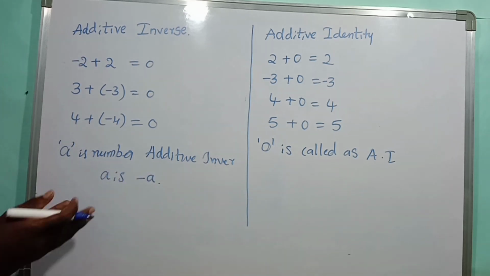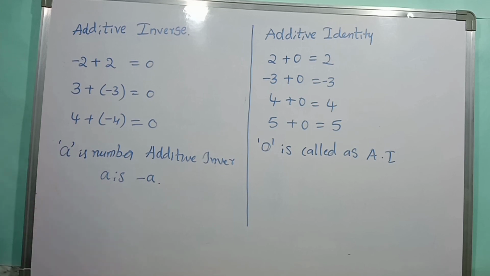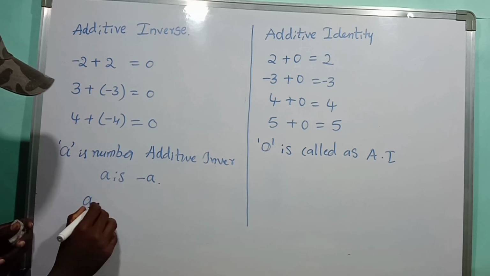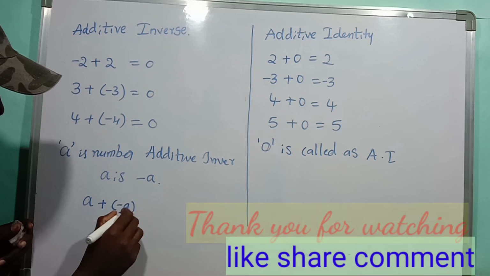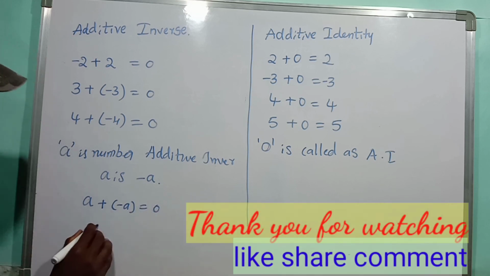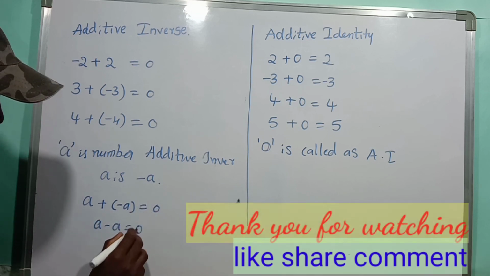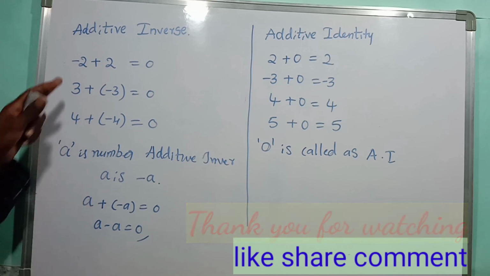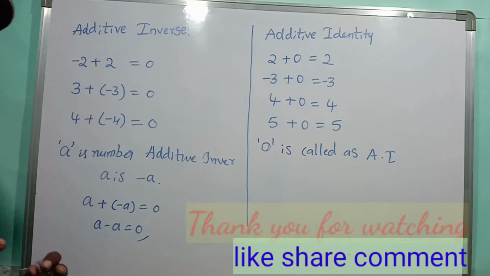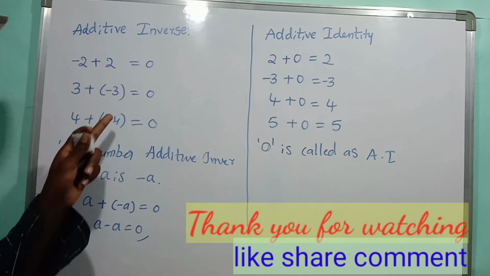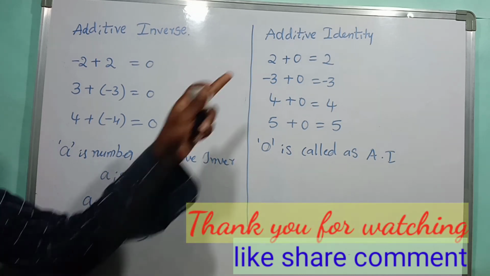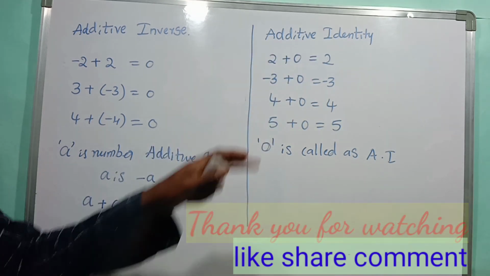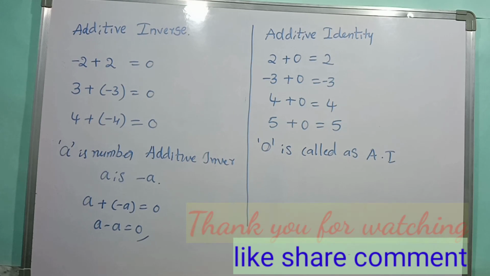If we add both integers, we get 0. a plus minus a is equal to 0. Everyone clear? Remember, additive inverse means minus a. Additive identity means 0.